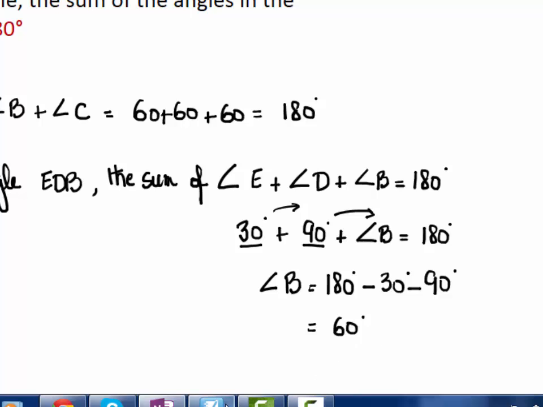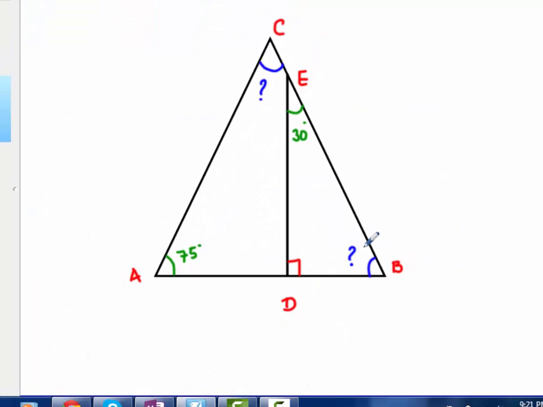So angle B is known now. This angle is 60 degrees. This will help me in the big triangle ABC. If I have 60 and 75, I can find the third one, which is angle C.